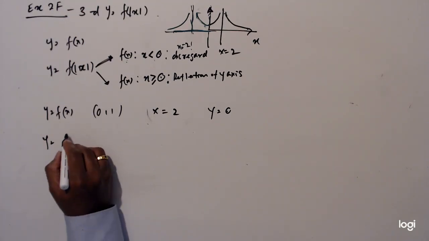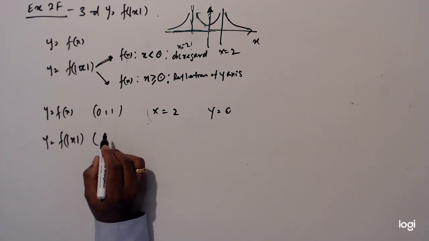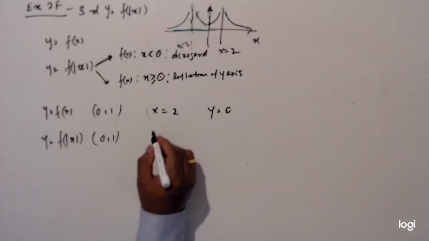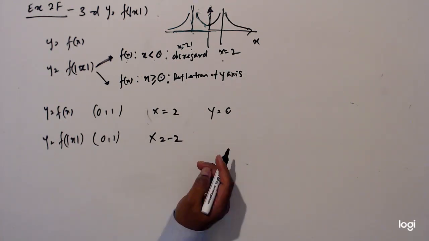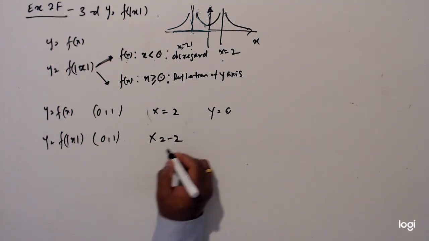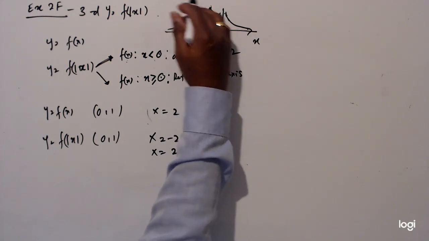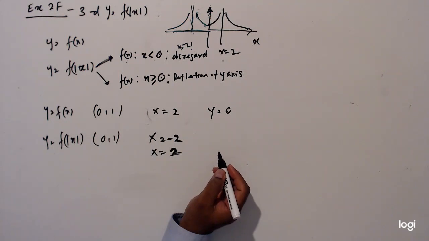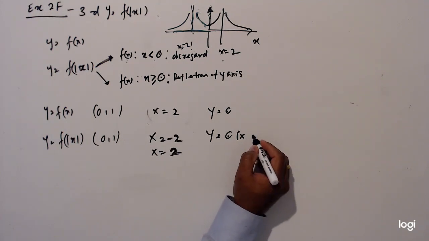So y equal f mod x, then 0 1 is going to be 0 1 as it is. It's going to be here. x equal 2 becomes x equal minus 2. And x equal 2 also exists, because this is not the graph, the whole set is graph. So x equal minus 2 and x equal 2 and y equal 0 as it is, which is the x-axis.